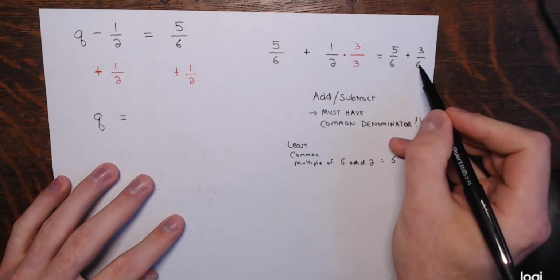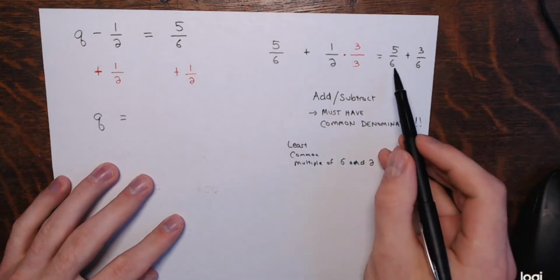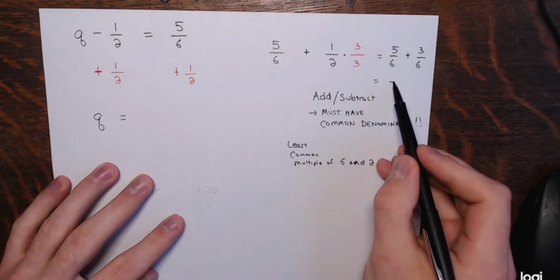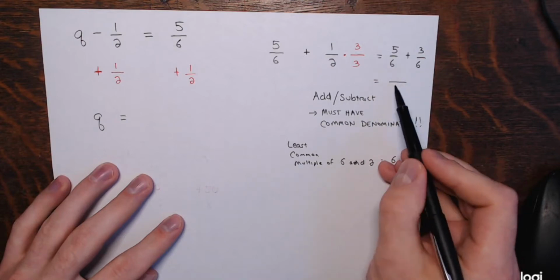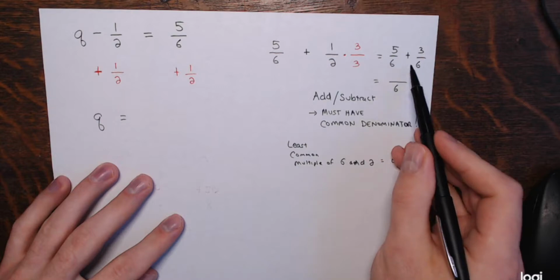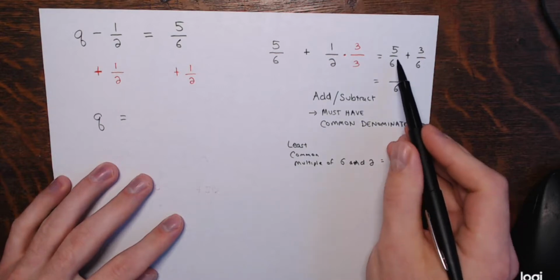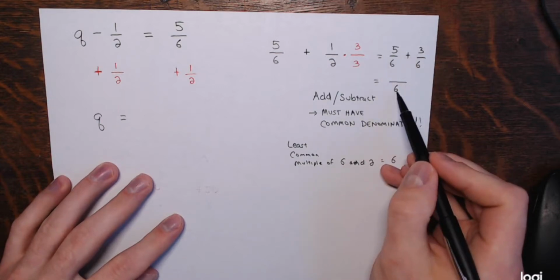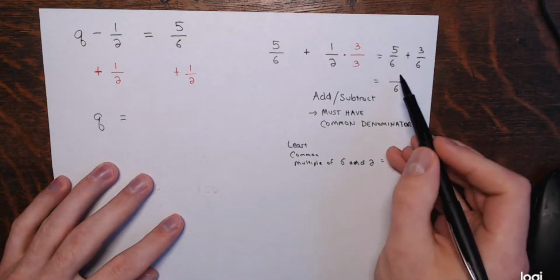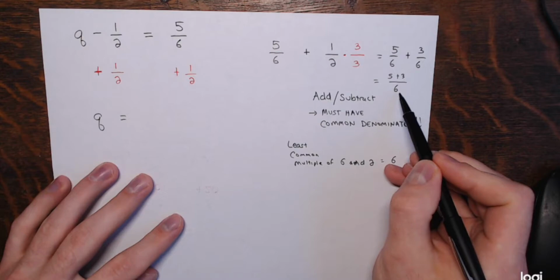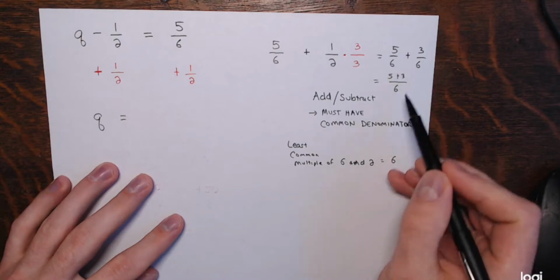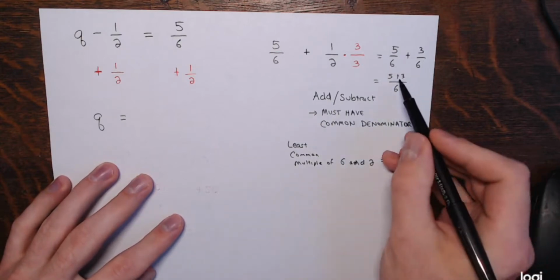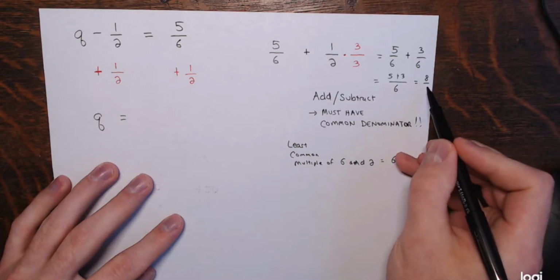That's the same as a half. And once the denominators are the same, you can put them together. That common denominator sticks around. So 5/6 plus 3/6, just add the numerators, 5 plus 3, but the denominator stays the same. That common denominator stays the same in addition and subtraction. So this is 8/6.